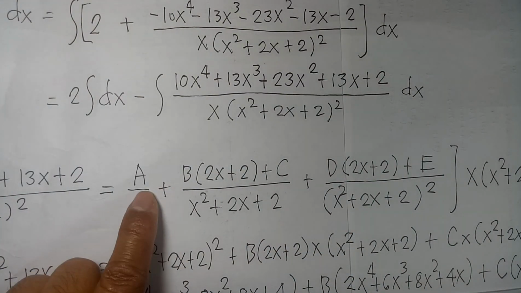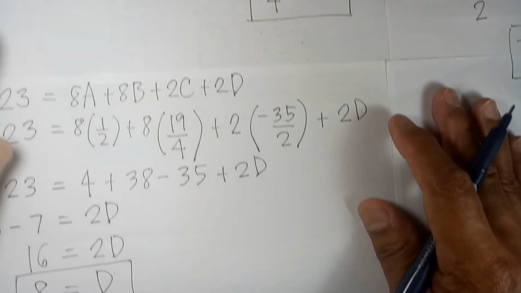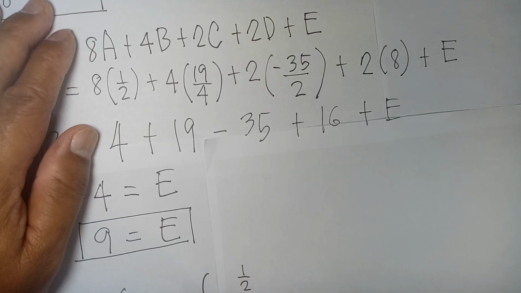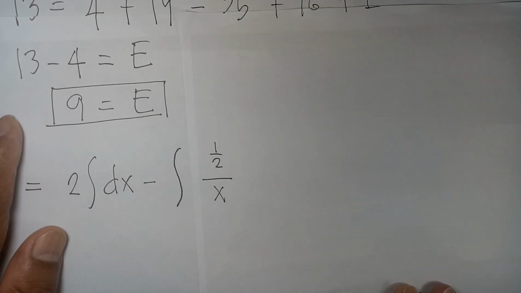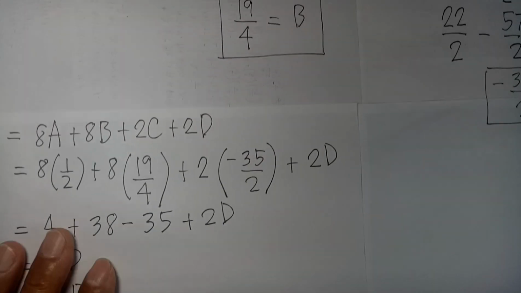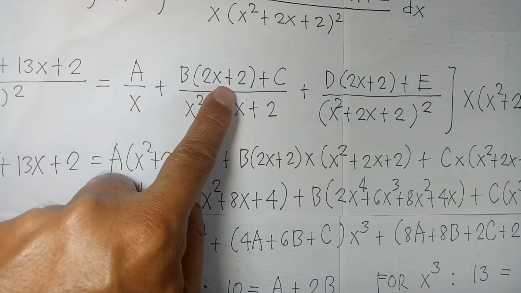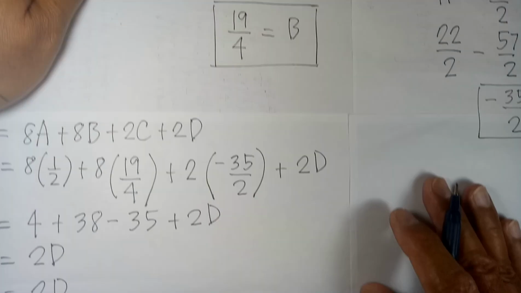A over x. Eh, ang A natin ay 1/2. So, 1/2 over x. So, yun yung unang term natin, ano? Okay, next. And then, plus b times 2x plus 2 plus c.